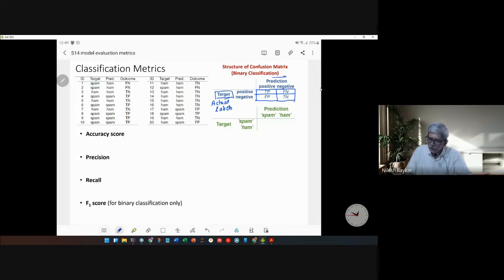And the row direction is the predictions, what your model is predicting. And since it is a binary problem, we have only positive and negative. So in our example, the spam is positive. So these are the actually positive, actually spam emails, and these are actually not spam emails, so negative.